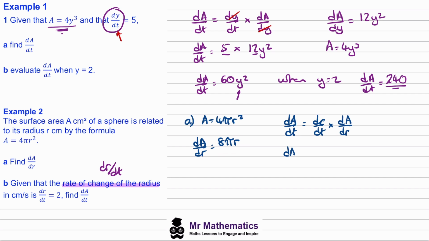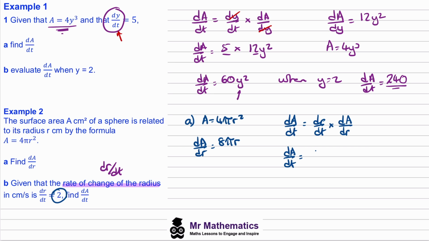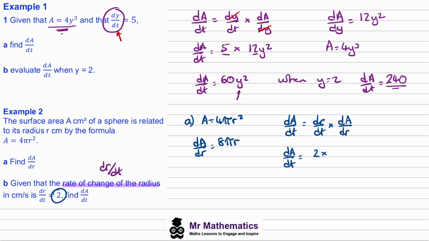So the rate of change of area over time will be the dr by dt, which we're told is 2, multiplied by dA by dr, the 8 pi r. So dA by dt will be 16 pi r. Okay? Let's try another question.